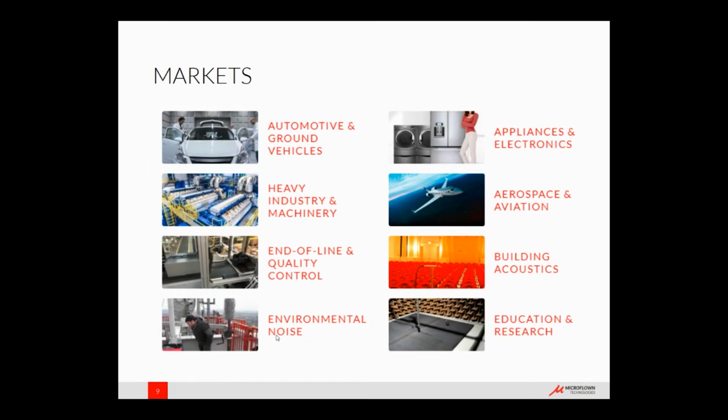Another segment that we are aiming for is not as much R&D focused as we typically do, but end-of-line quality control. So using the acoustic signature to classify if a product is produced good or bad, ensuring that no faulty products are delivered to the end user.